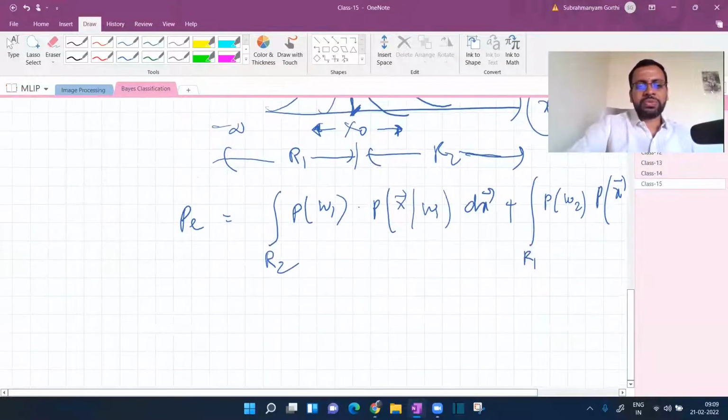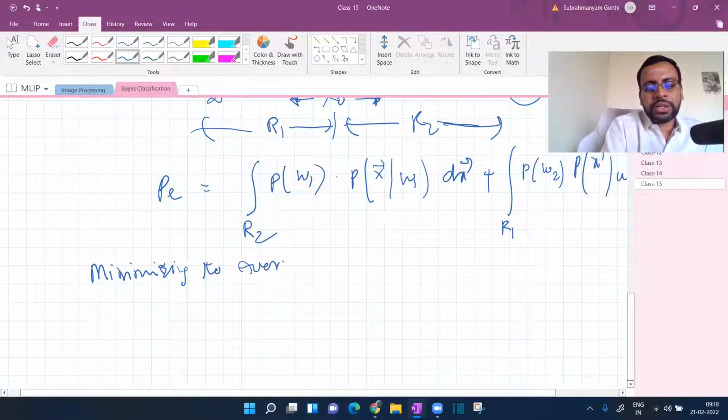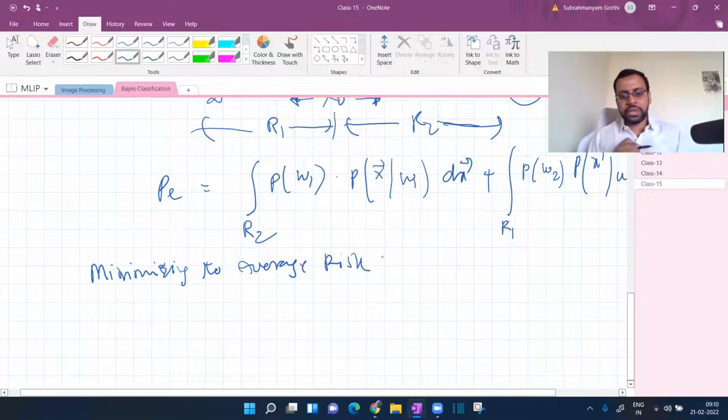So in that context, we introduced something called minimizing the average risk. That's what we did in the last class.